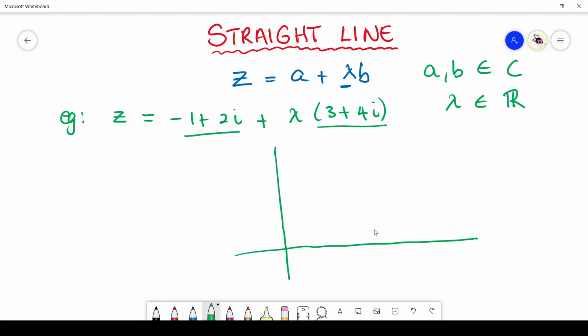All right. So first of all, we're going to have to look at the first part, A. Looking at this part down here, this gives us the coordinates -1 with 2. So we're going to plot that -1 with 2. Let's just say this is 1 and this is 2.